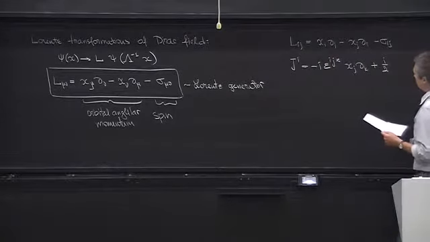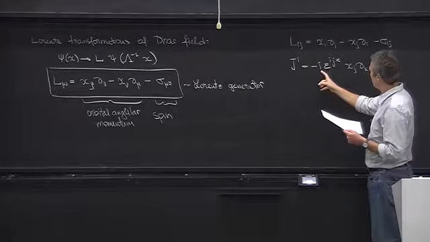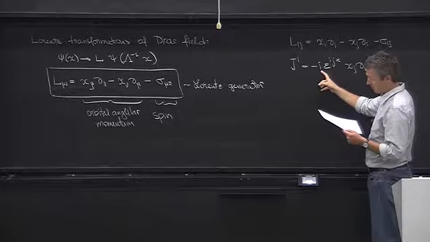So then we need to contract with epsilon ijk and multiply by minus i.